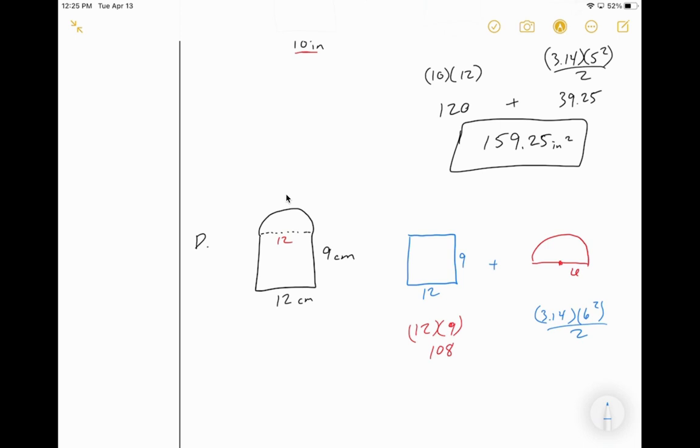And full disclosure, I actually forgot to divide by 2 when I first did this problem, and I got something very different at first. So it happens when you forget a step. So go ahead and put that in your calculator. 3.14 times 36 divided by 2 is 56.52.